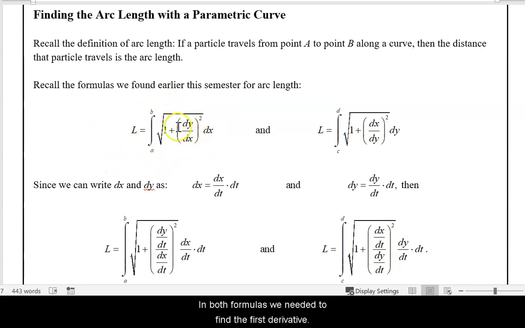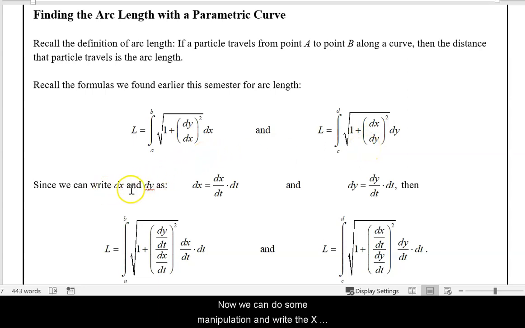In both formulas, we needed to find the first derivative. When we're doing it with respect to x, it's the normal dy/dx or f prime of x. When you're doing it with respect to y, however, it is f prime of y, not f prime of x, which is basically the reciprocal derivative dx/dy.